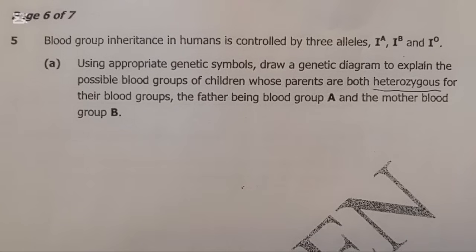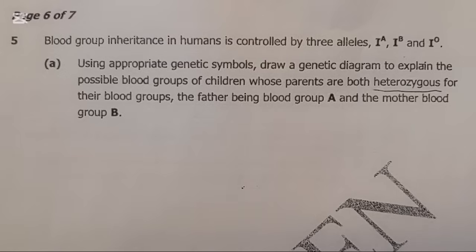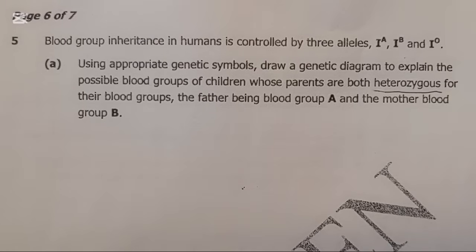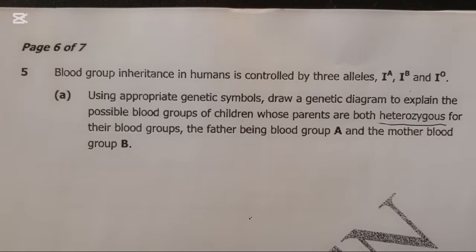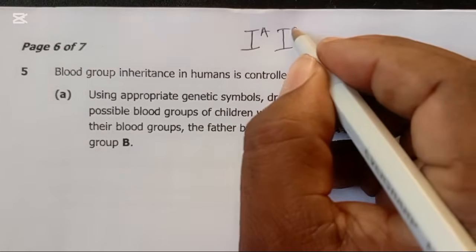Now what does it mean when we say heterozygous? Heterozygous is when we have a genotype of different alleles. Blood group A heterozygous is AO.